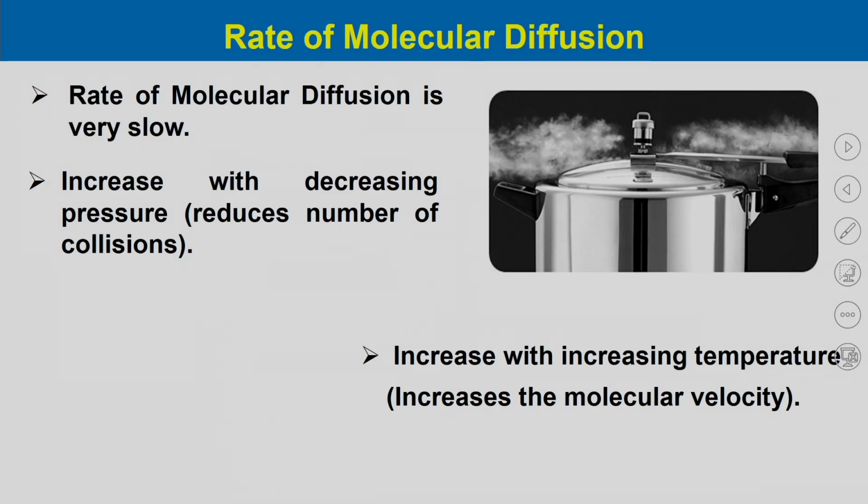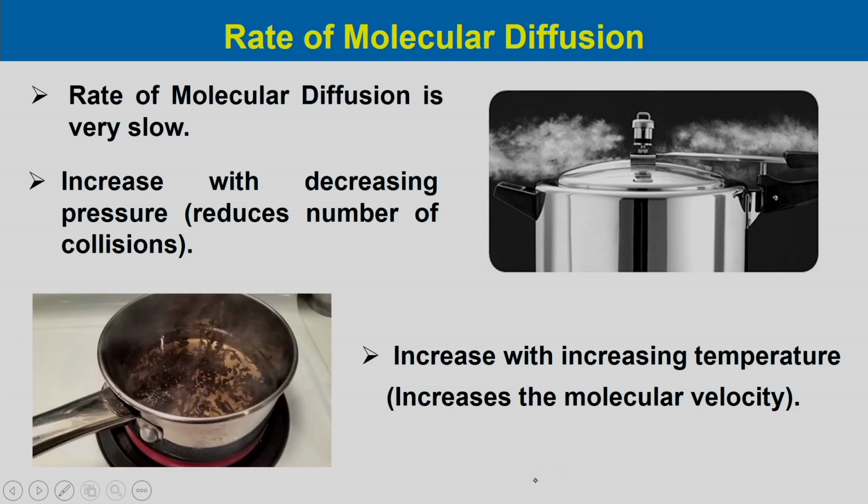The other way is to increase the temperature. If we increase the temperature of the system, the molecular velocity will increase and hence the rate of molecular diffusion will increase.